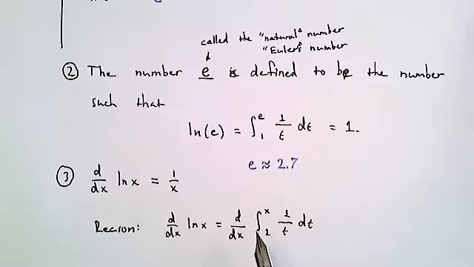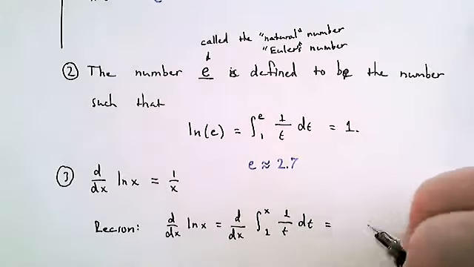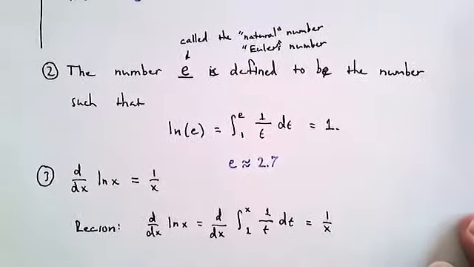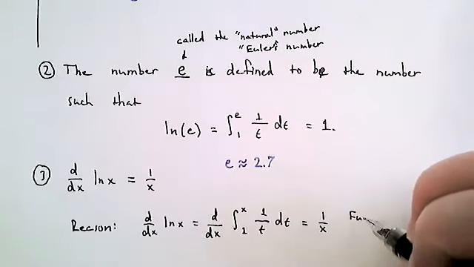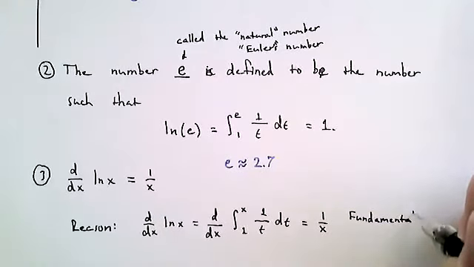So one of the important ideas that you learned in Calculus 1 is that derivatives essentially undo integrals. So this derivative cancels off this integral, and you're left with 1 over x. Okay. And this had a name. It was called the, or I guess half of, the fundamental theorem of calculus.